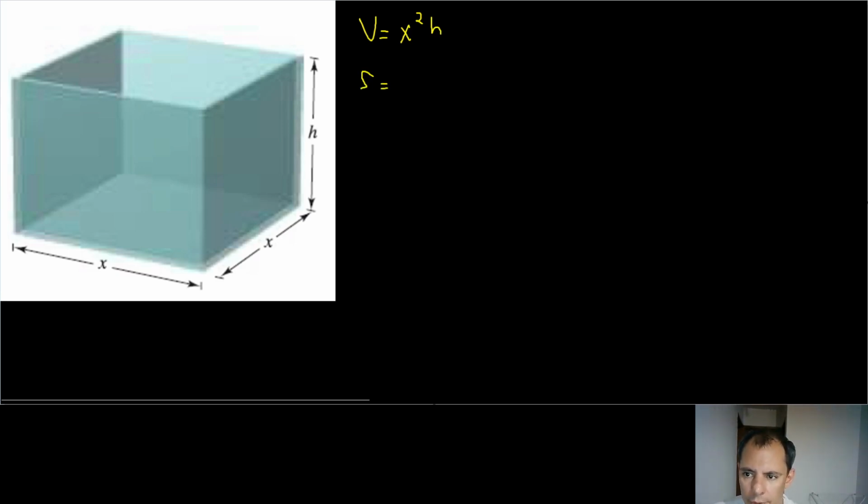The surface area is going to be the area of the base, which is x squared, plus you got the 4 sides, so it'll be 4x times h. And there's something else too.